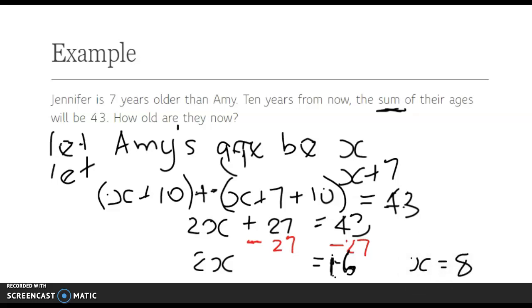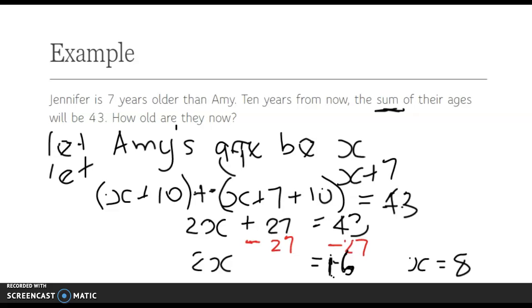Now let's go back to the question. Jennifer is 7 years older than Amy, and they're asking us how old are they now. So we now know that Amy is 8 and Jennifer is 7 years older than Amy. So we need to make some sort of a conclusion. I'm going to squeeze it in up the top.